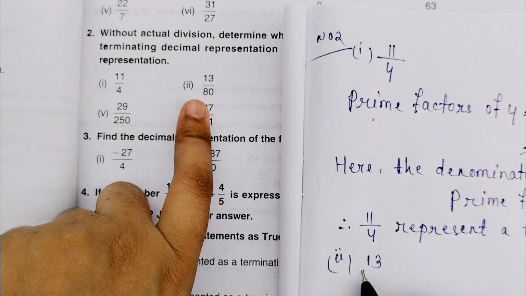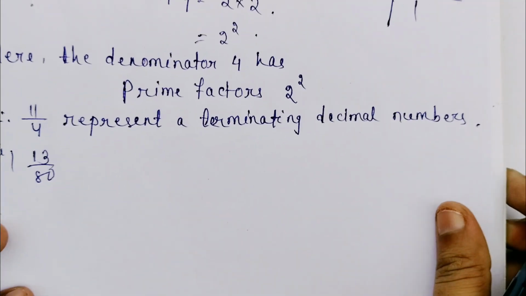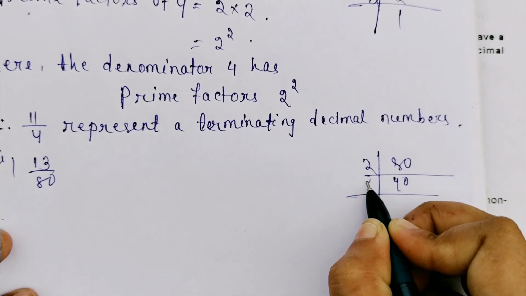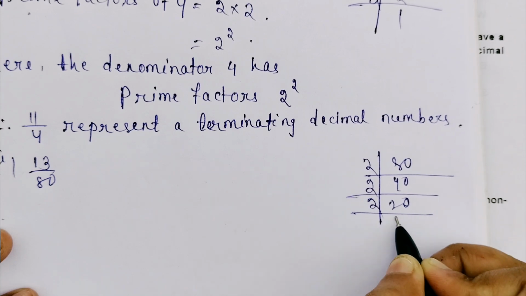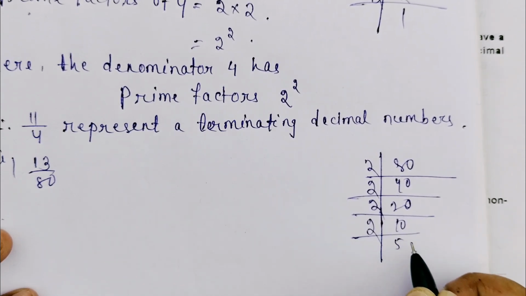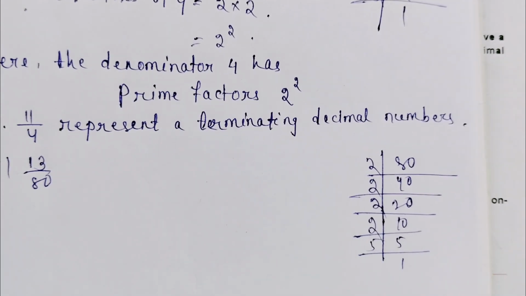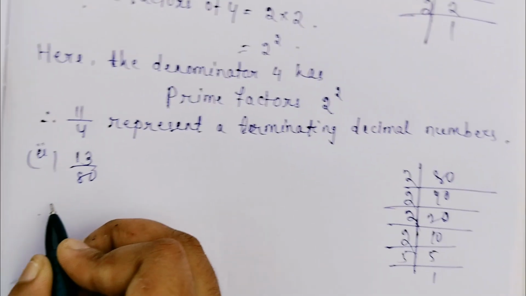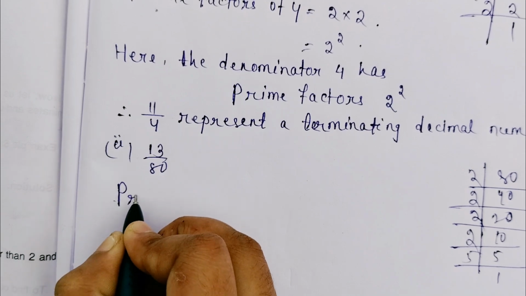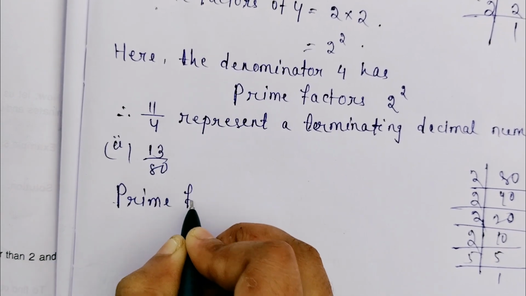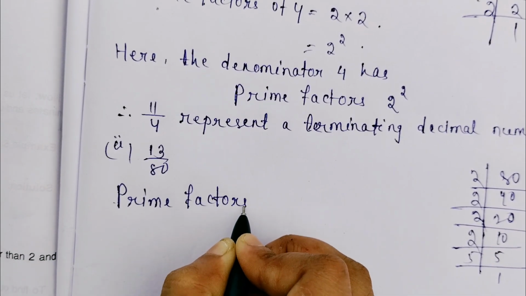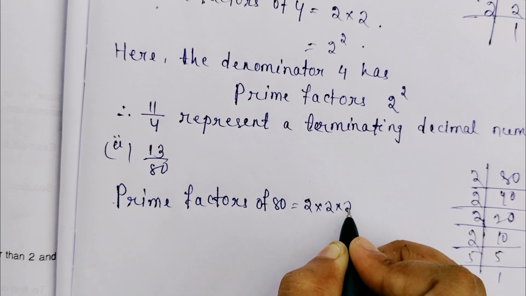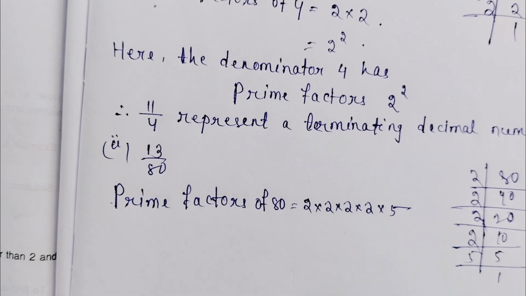13 by 80. First I find prime factors of 80. 40, then 20, then 2 10 ja, then 2 5 ja 10, then 5 1 ja 5. Now write prime factors of 80 equal 2 into 2 into 2 into 2 into 5.